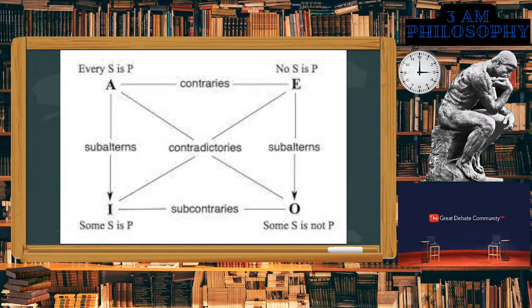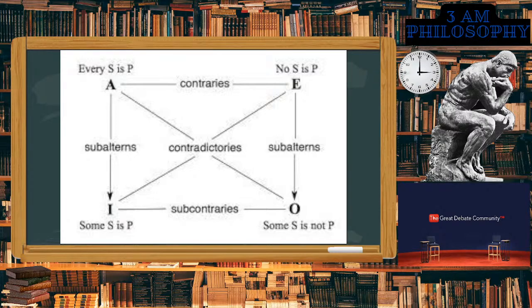If this is true, by the subalternation it implies O is true. Right? And if this is false, then A has to be false because this implies this. Let's see here. No, I'm sorry.